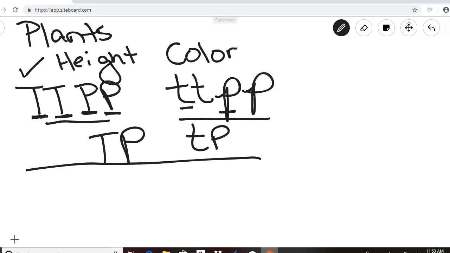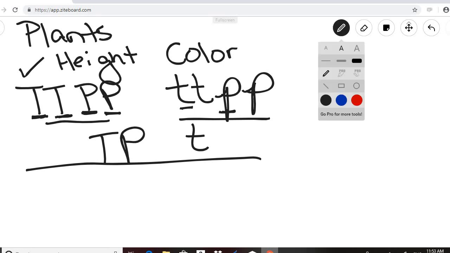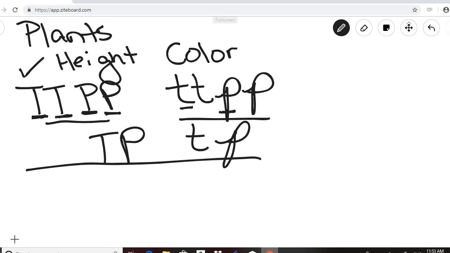Okay, so we'll put that one, I need to make that more clear that it's a lowercase. Okay, so that's lowercase. So then we'll put this genotype along the other side, because that's the only possibility for that particular organism.